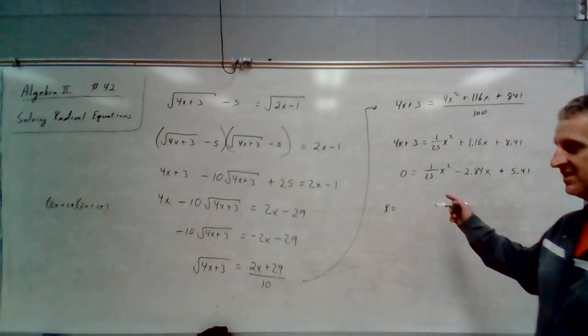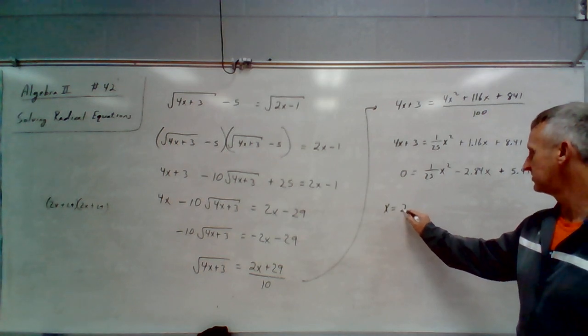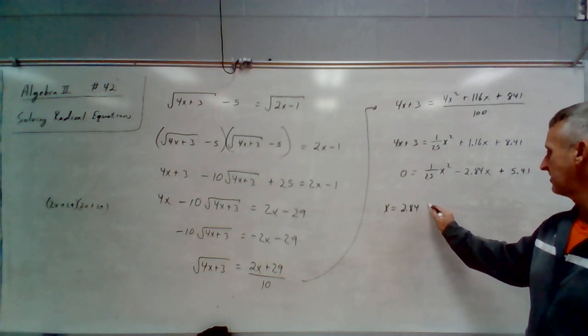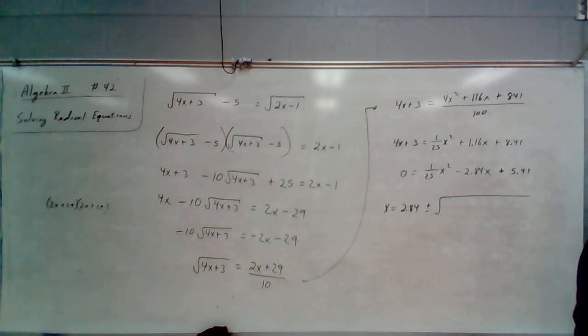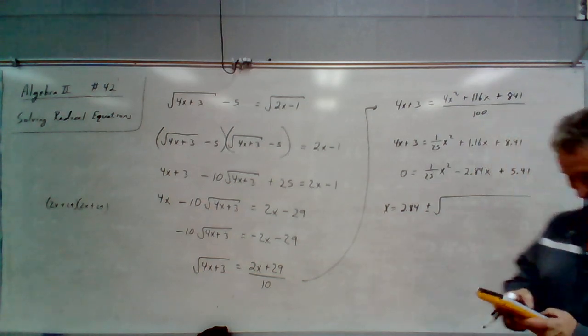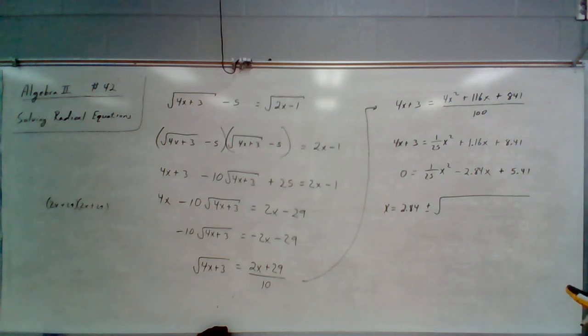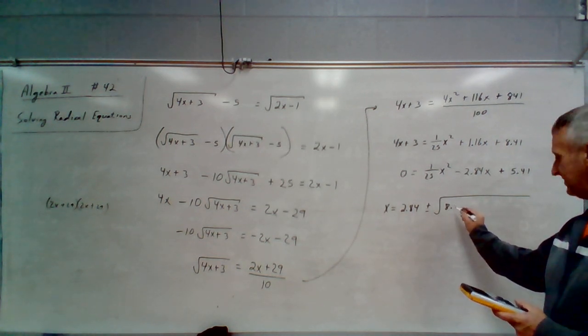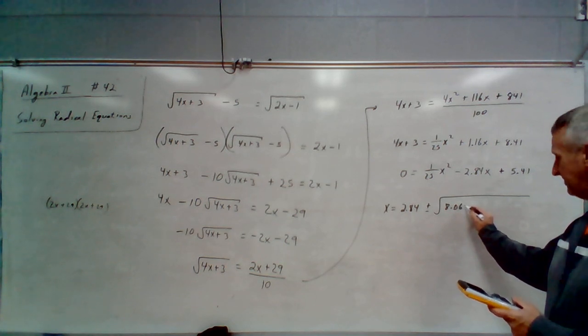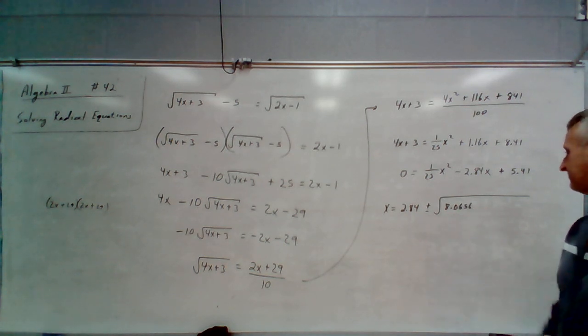X equals negative b, so 2.84 plus or minus the square root of b squared. 2.84 squared is 8.0656.